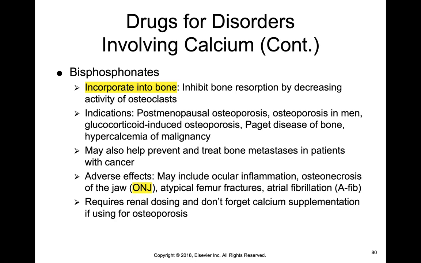This one called ONJ, or osteonecrosis of the jaw, typically happens when the dentist is performing some kind of procedure on you. So if you're on a bisphosphonate, or tell your patients if they're on bisphosphonates, to let their dentist know so that they can account for that. And then there are also atypical femur fractures, which have been gaining steam in recent years.